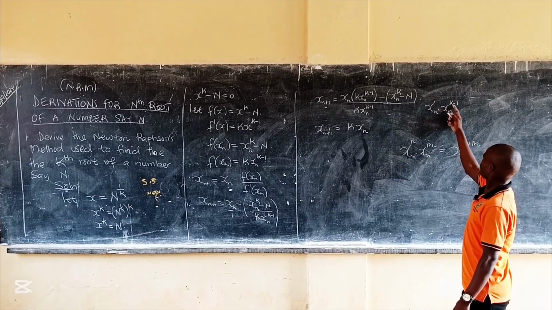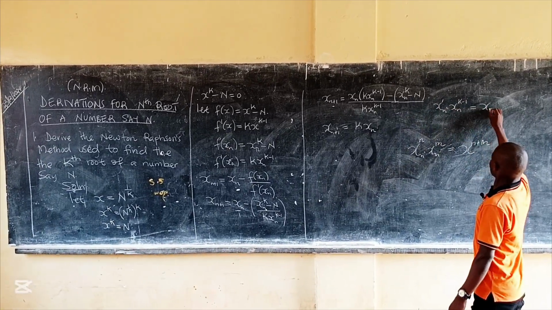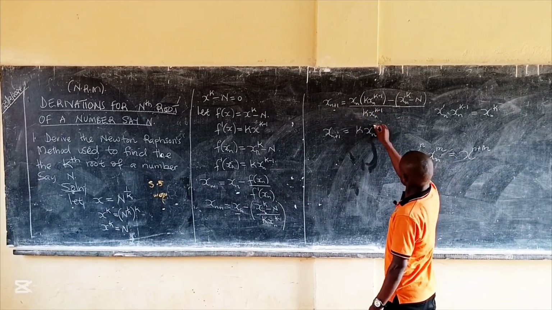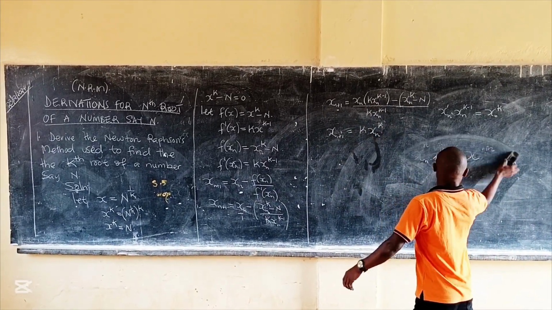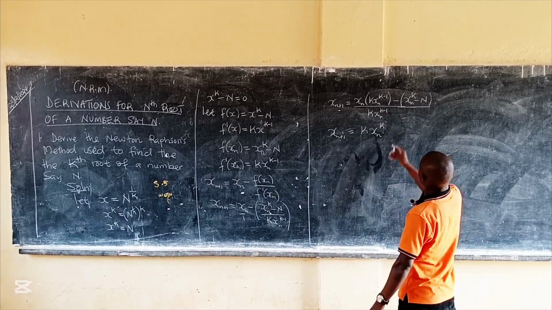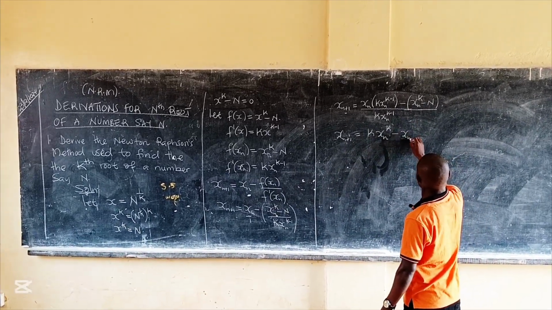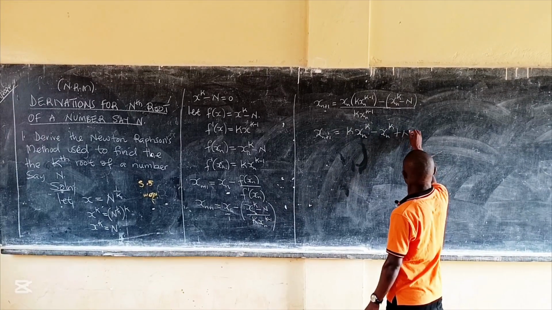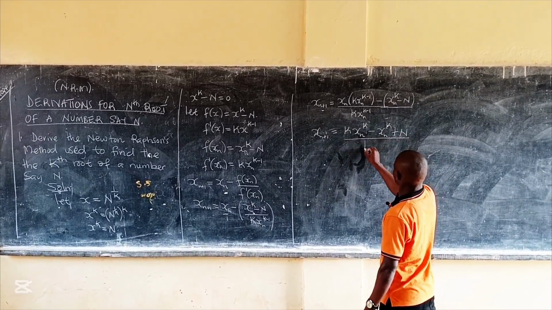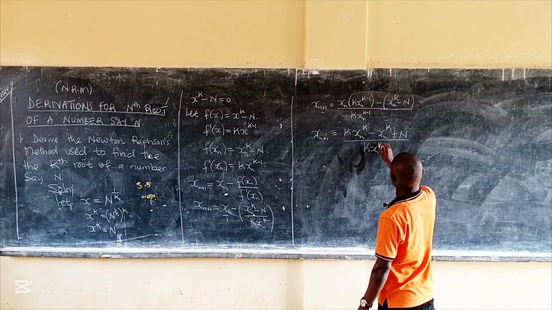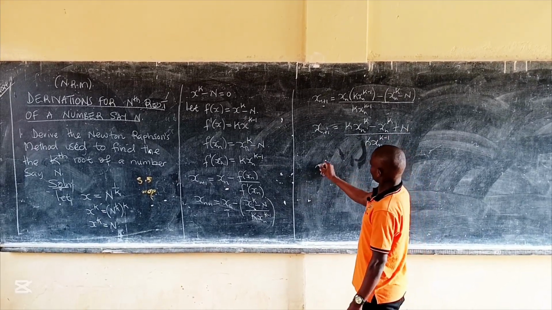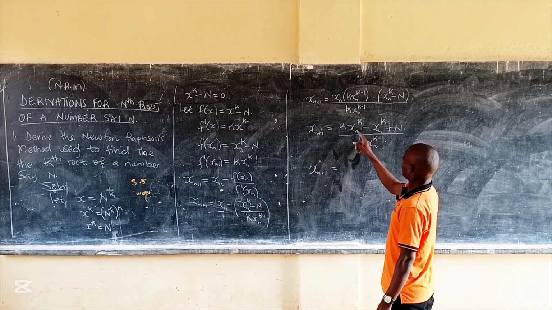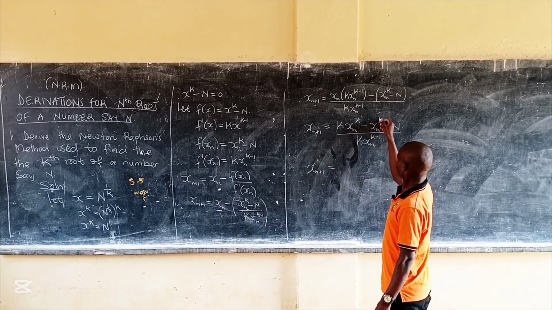So together we are going to add, and this one will give us xn to power k. And this is what I'm going to get here. This one will get to power k. And to move on, this will be minus xn to power k, negative, and this negative will give us a positive n. And together here, we are dividing by k xn to power k minus 1. So this is xn plus 1 equals to, when I try to check out here, I get that this term is common.